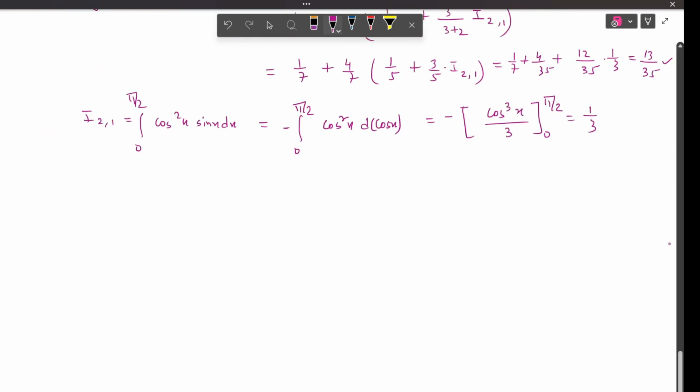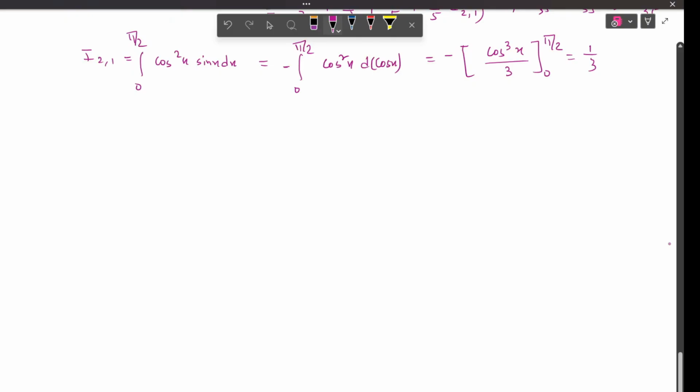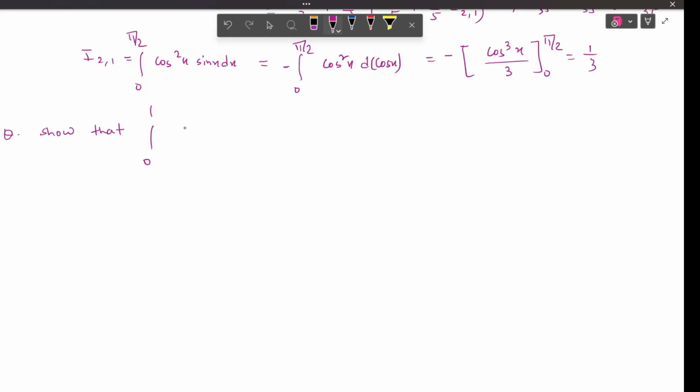Okay. Now, let us see some questions. Show that integration 0 to 1 x to the power 6 dx by square root of 1 minus x square is 5 by 12 pi.